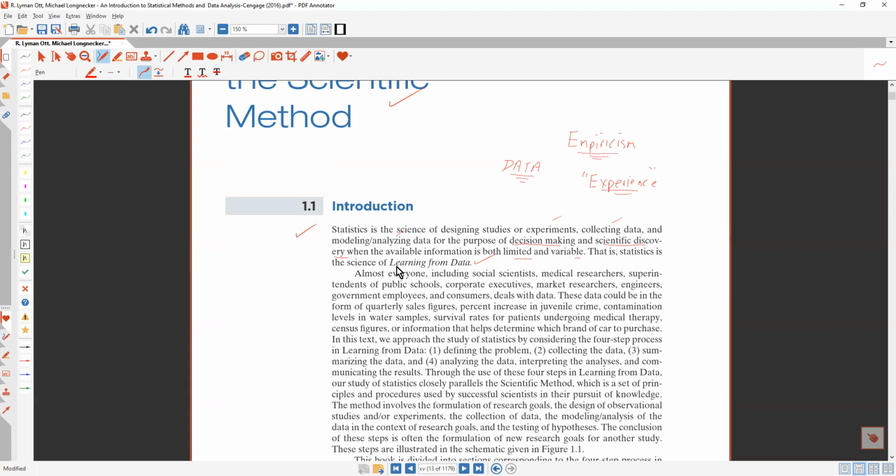So when we say learning from data, you can also more generally think of that as simply learning from experience. Now, to make it scientific, we're going to talk about the conditions required for learning from data in a very rigorous way. But it's a very general theme when we talk about learning from data.